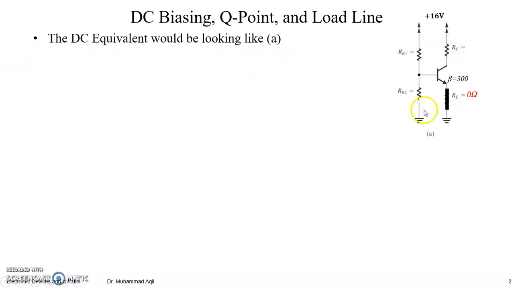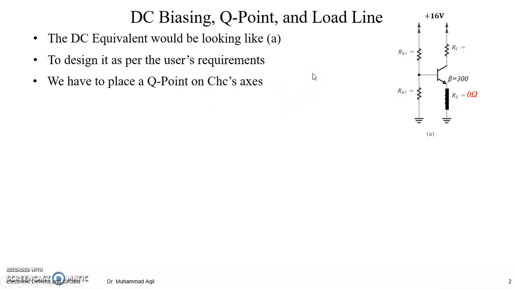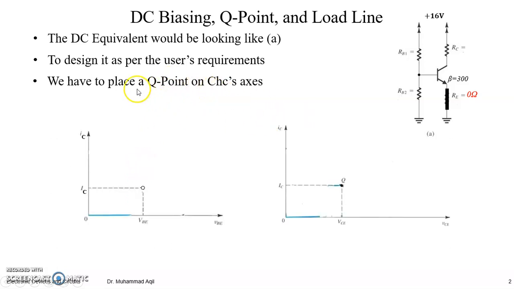So the DC equivalent would look like this, as we proposed in the last slide, and to design it as per the user's requirement we have to place a Q point on the characteristics axis, on the input axis for VBE 0.7 and on the output axis. We know the input characteristics curve for a BJT, the VBE and IC curve, and the VCE and IC curve at the output side.